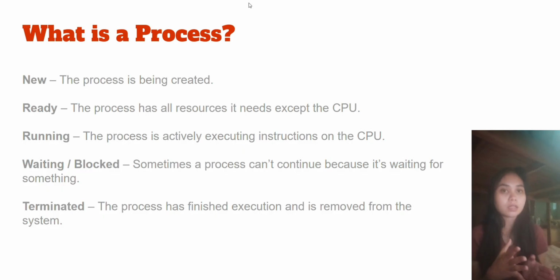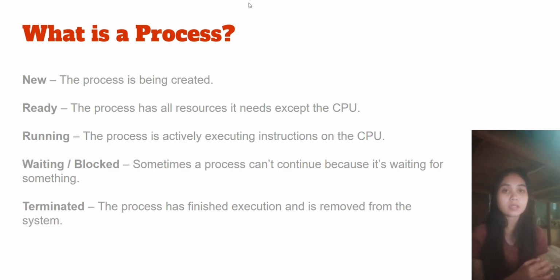Sometimes yung process cannot continue because it's waiting for something, for example, an input from the user, or a file to load, or a response from the internet. And lastly is the terminated state. This is where the process has finished its execution and is removed from the system.